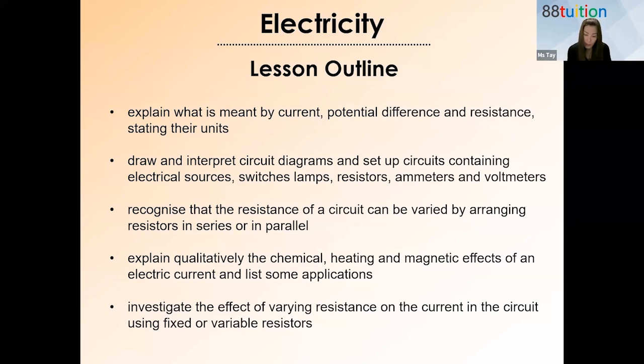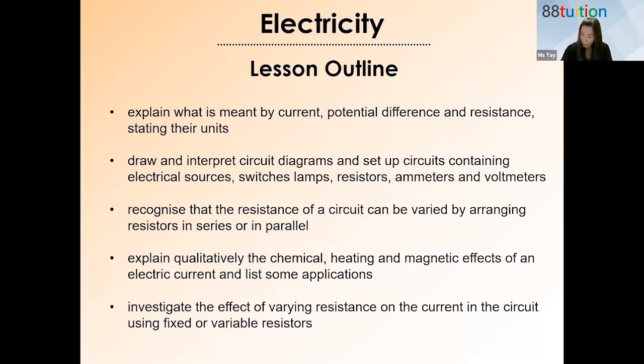Then explain qualitatively the chemical, heating, and magnetic effects of an electric current. List some application. I think you already know this because electricity can actually be used to break down compounds. So that is a chemical effect. Heating effect, of course, is to generate heat.